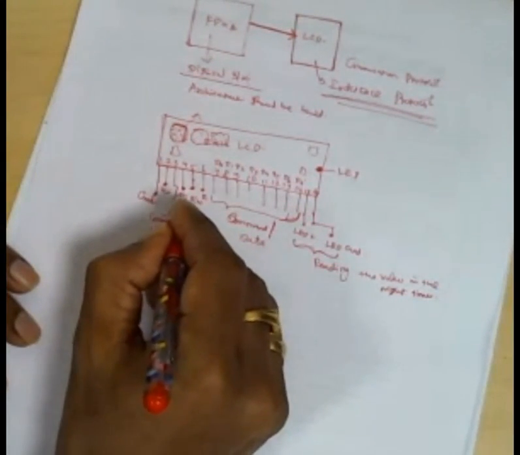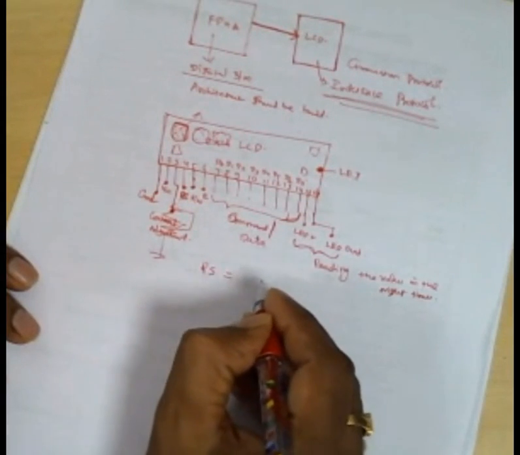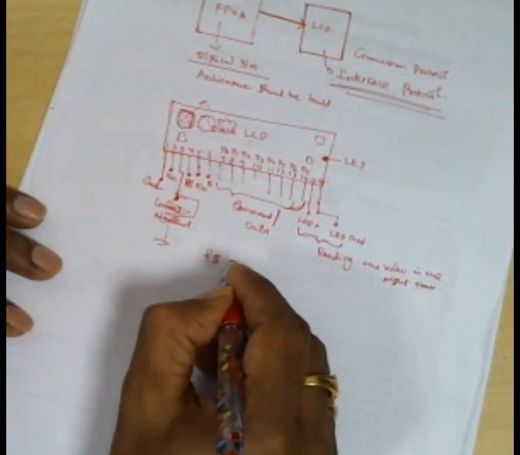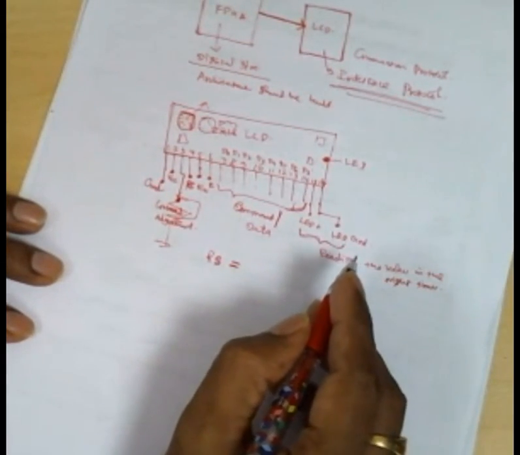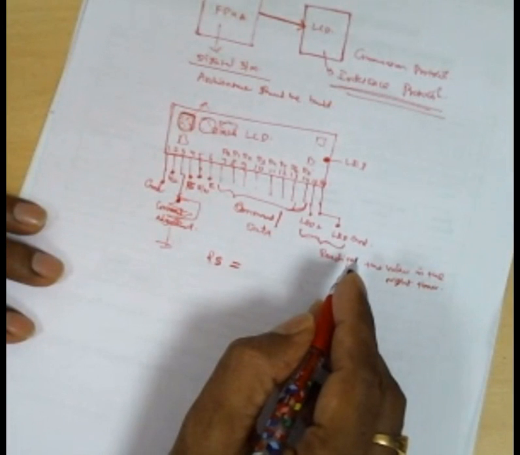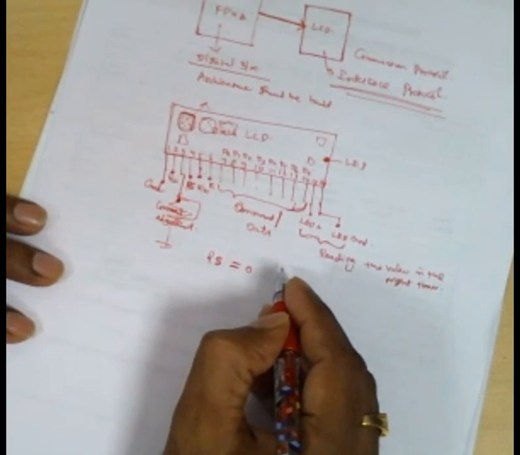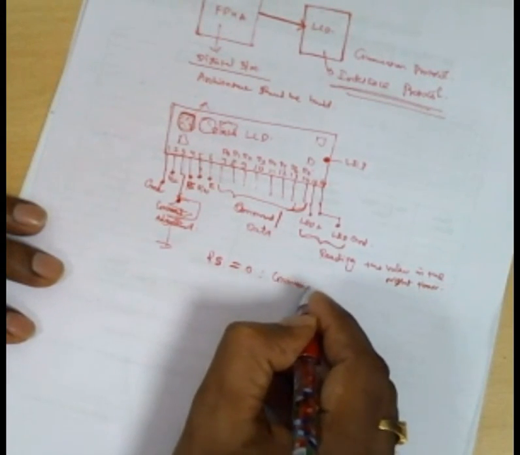Then the next one is the register select. If the register select is equal to 0, this is called a command. 0 means command.